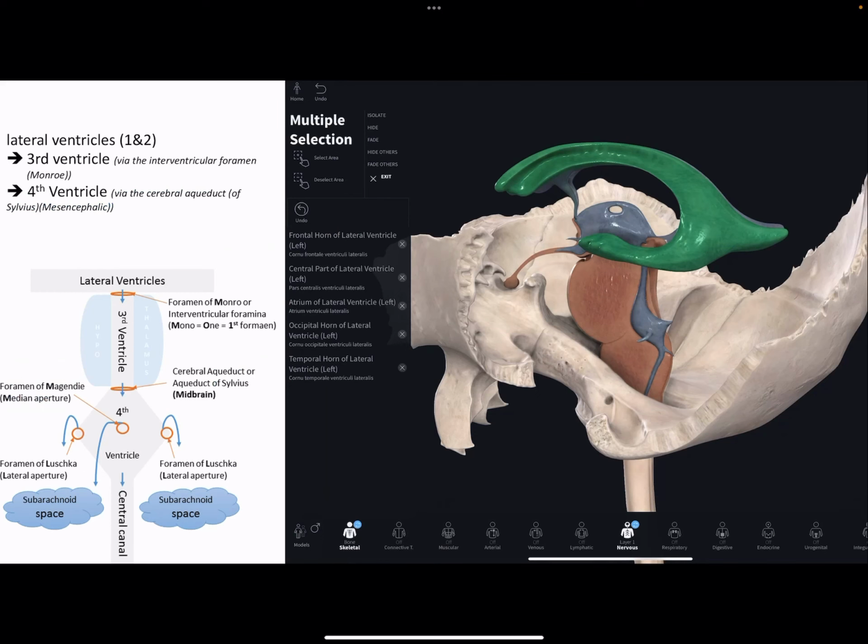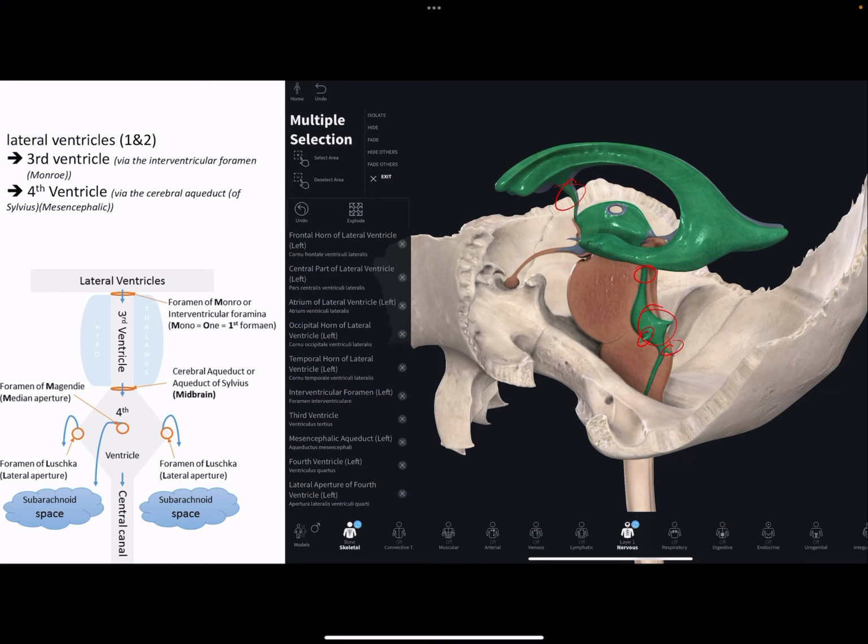And so if we follow this again, we're highlighting right now the left lateral ventricle, so 1 or 2, order doesn't matter. And it is going to go via the interventricular foramen of Monroe to the third ventricle, which goes through the cerebral aqueduct, or the aqueduct of Sylvius, to the fourth ventricle, which goes to the lateral, which goes to the median aperture.